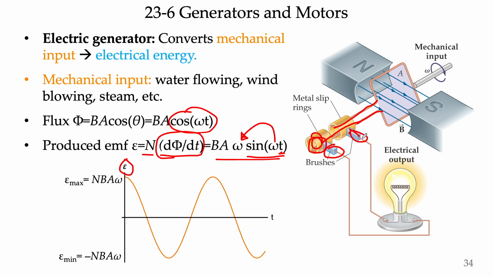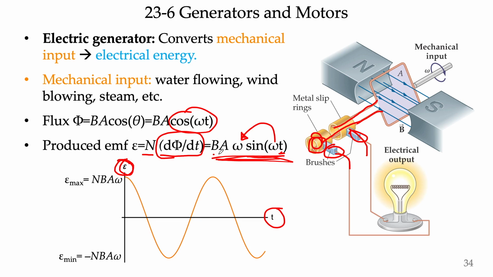So we are collecting positive and negative terminals from here, and we can connect them to an electric light bulb or anything else. If you plot this formula with respect to time, this is the time axis, and the y-axis is the induced voltage on the circuit.